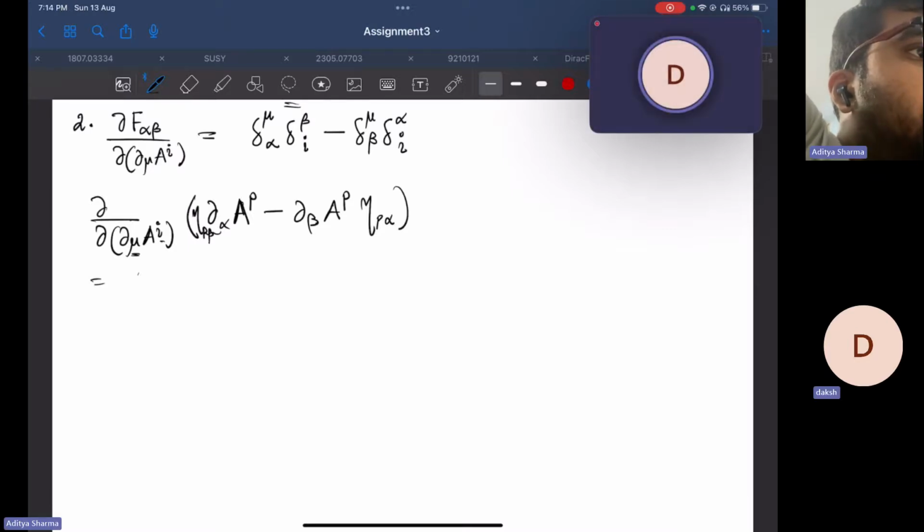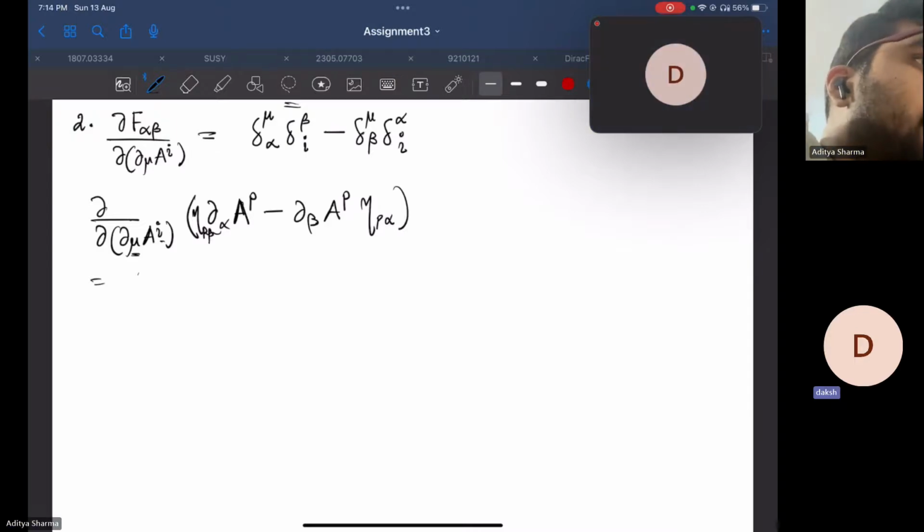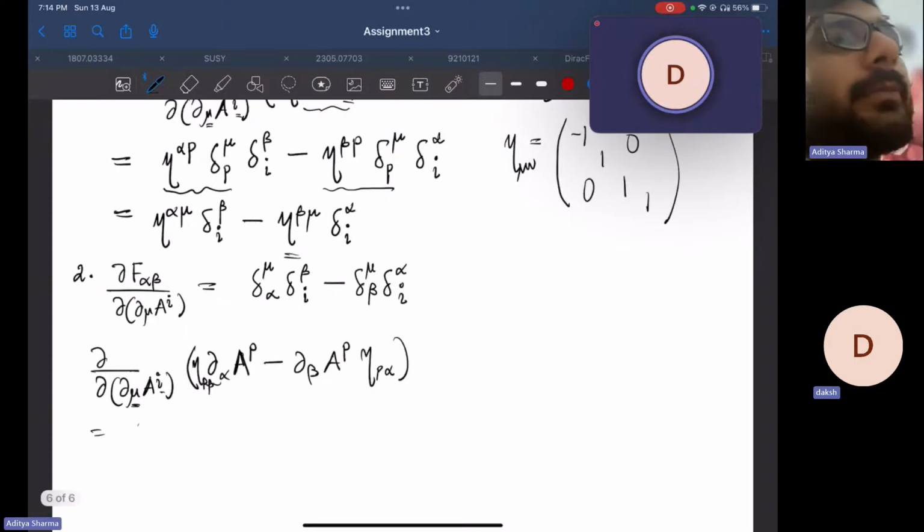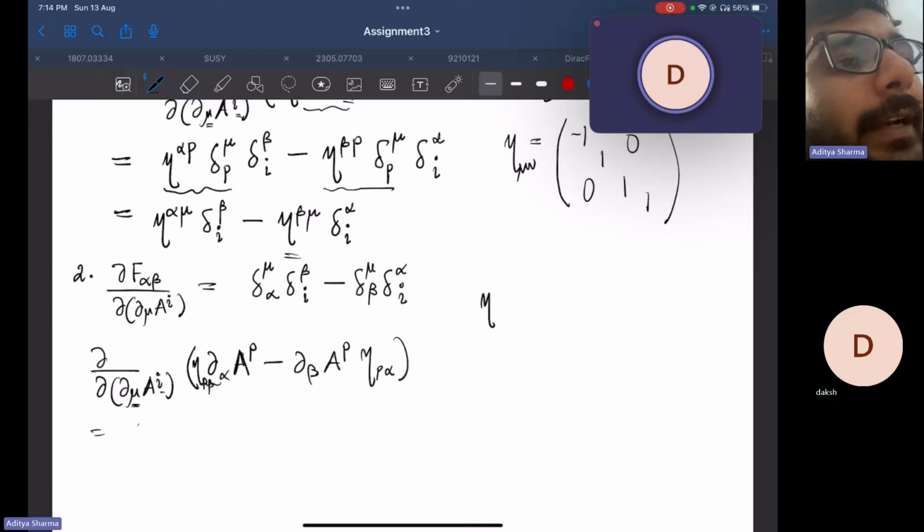Now, does post multiplication and pre multiplication matter here? This multiplication of eta, should I post multiply it or pre multiply it? Should it matter? No, it won't matter, because when you are writing eta pq, right?